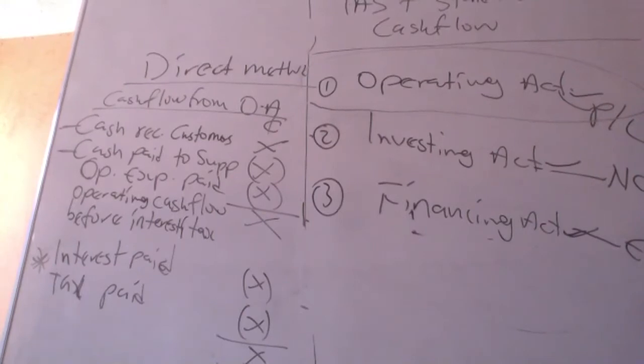If you go and ask the market woman, she can tell you all this, but with no standards, no IAS 7. She can tell you that the whole year I've received 254,000 cedis from my customers. I paid 100,000 cedis the whole year. And my expenses, I paid this. So this is the net amount.